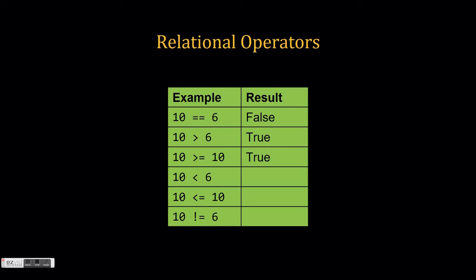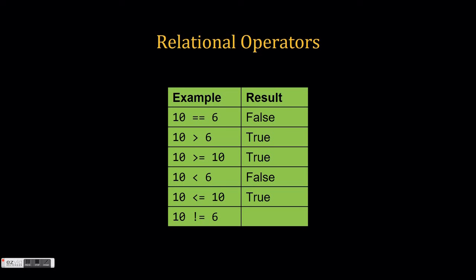We'll see this when we're looking at logical operators, because this greater or equal to uses the or operator. And this one, is 10 less than 6? We know that it's not, therefore the overall expression evaluates to false. And then we ask, is 10 less than or equal to 10?